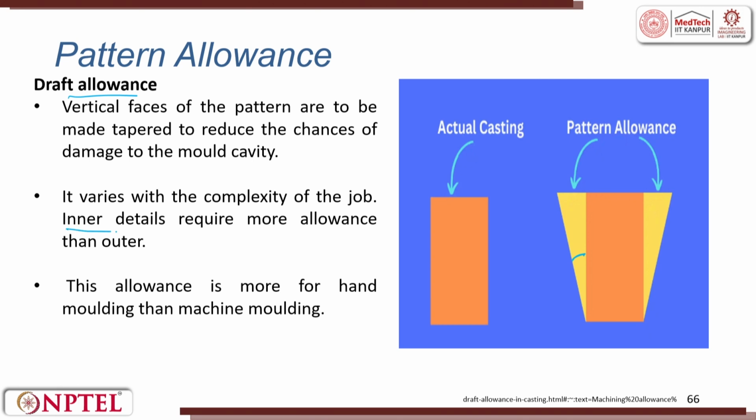Inner details require more allowance than outer. So, this is outer, and if I have a hole, this is inner details. This portion if I try to take, that is called outer details. This allowance is more for hand molding rather than machine molding.